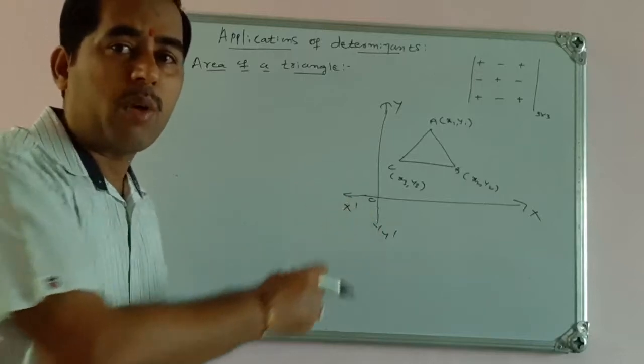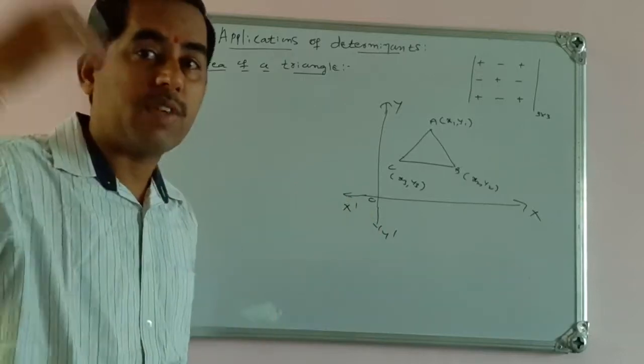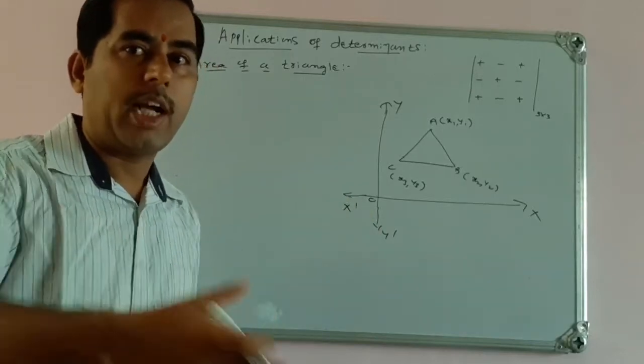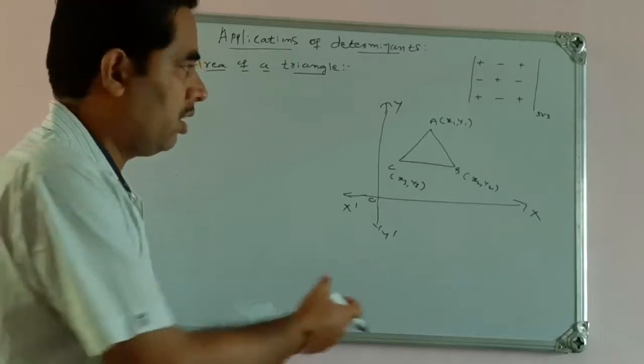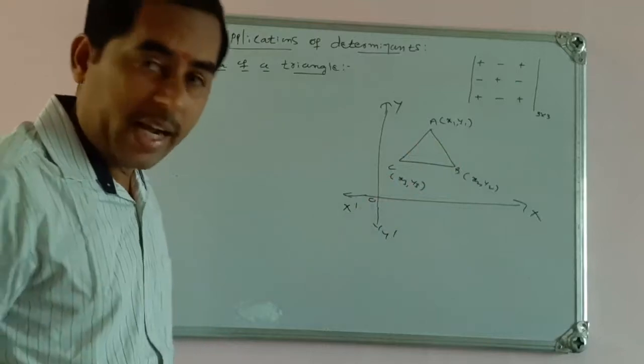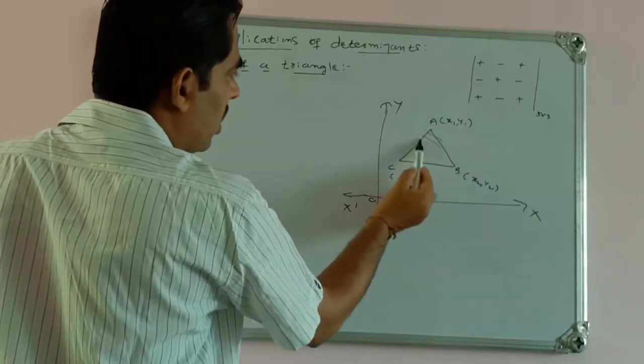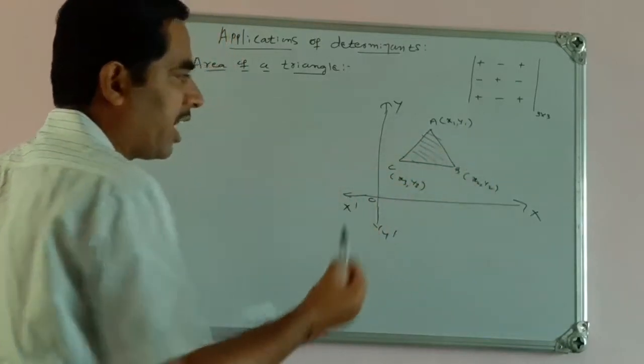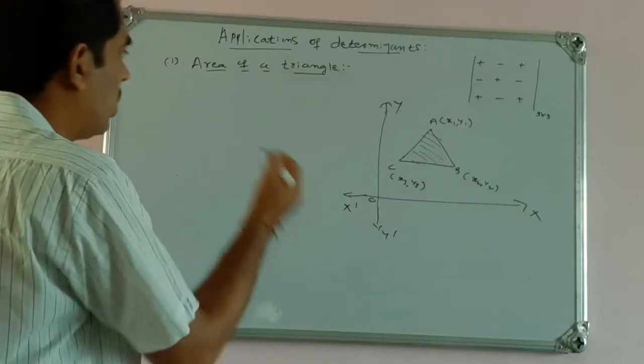We derived one expression for the area of the triangle in first PUC. How can we find the area of a triangle having vertices x1, y1, x2, y2 and x3, y3?